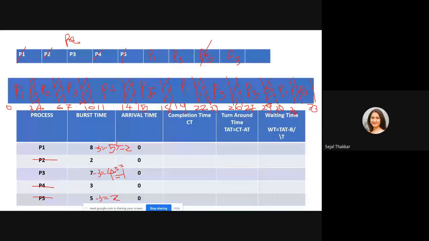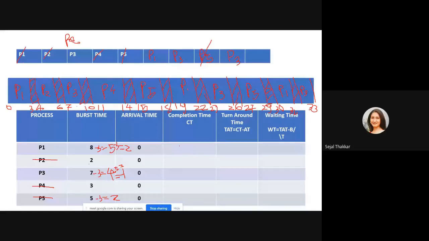So now we have to write down the completion time of all the processes. Tell me, what is the completion time of P1? 32. That is 32.